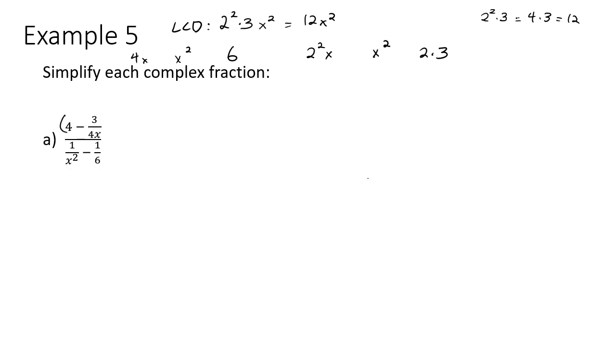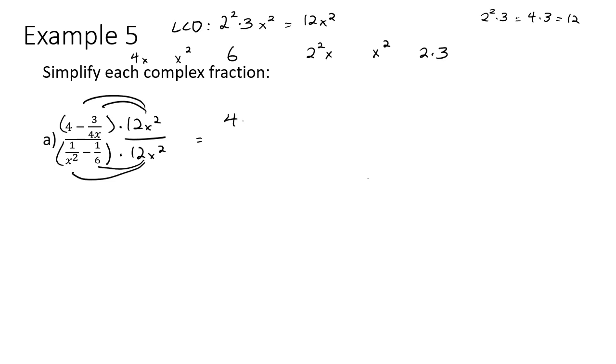So now I'm going to multiply both the numerator and the denominator, because you've got to keep it balanced. That's like multiplying by 1. It doesn't change the value of the expression, by 12x squared. And let's see what happens. For now, I'm not going to do a lot of multiplying out yet.